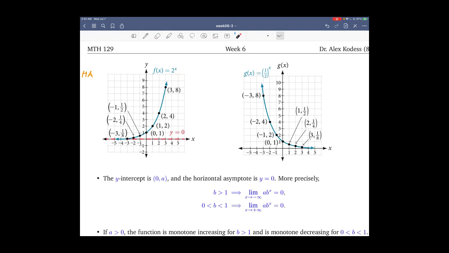It only assumes positive real numbers as values, and any such positive real value is taken. So the image of the function 2 to the power x is the entire set of positive real numbers.